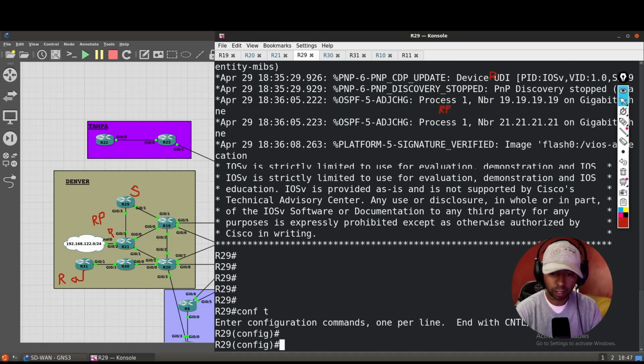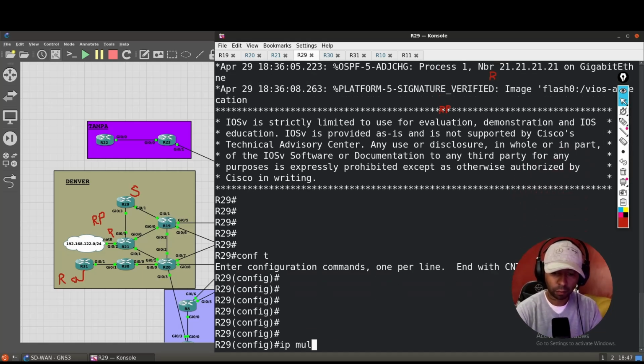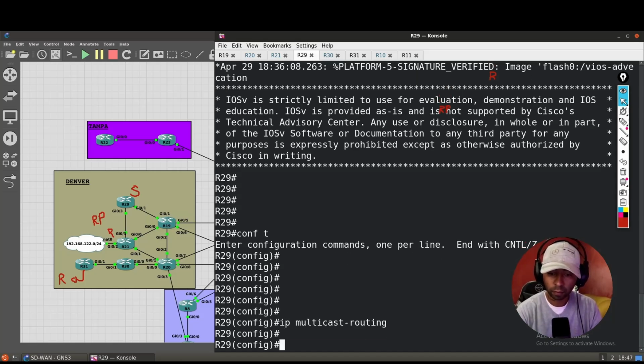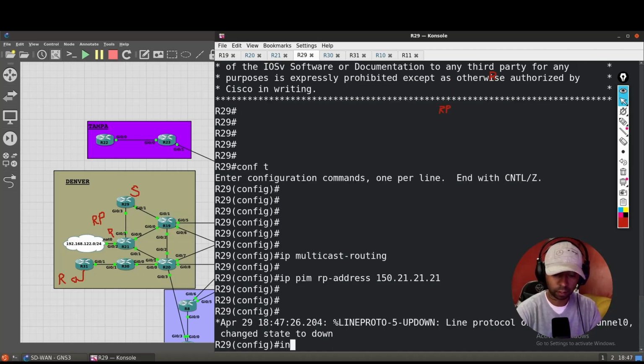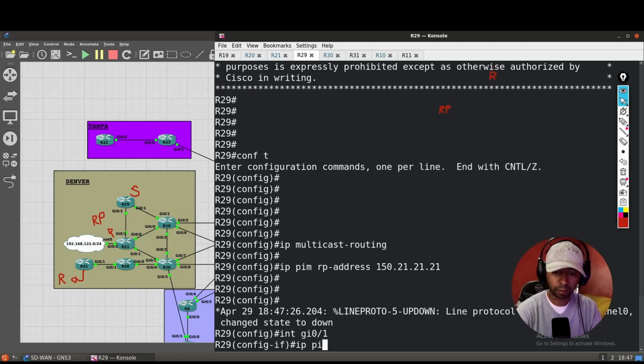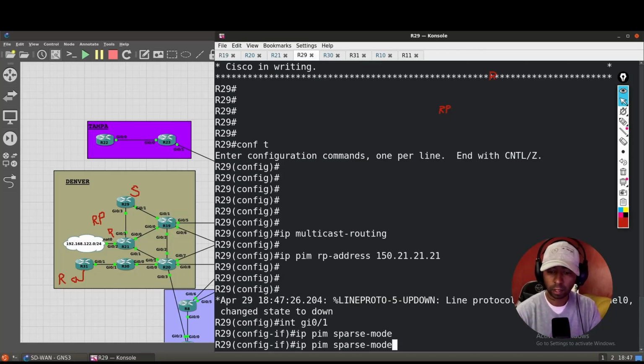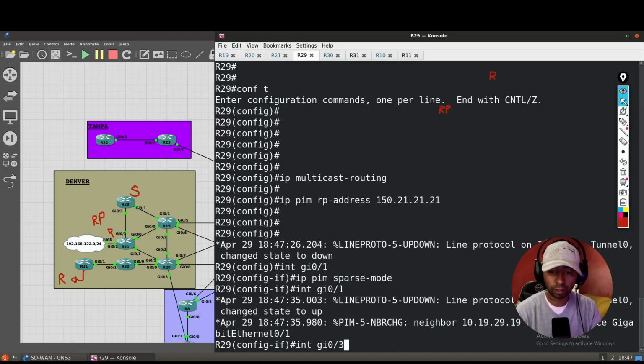Config terminal, IP multicast routing, IP pim rp-address will be 150.21.21.21, and then interface gigabit 01, IP pim sparse mode, and on the gigabit 03.